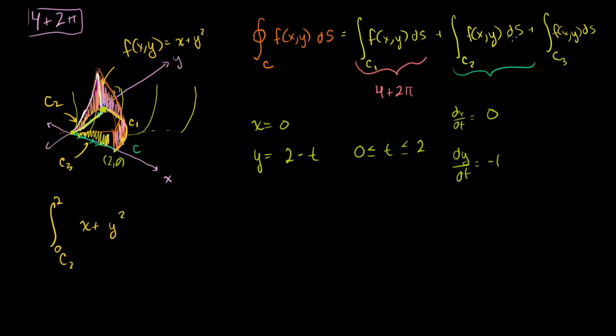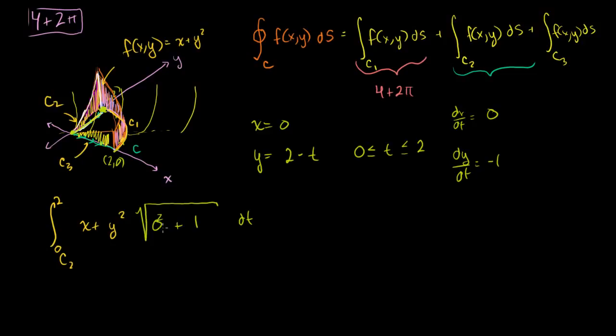And then times ds. And we know from the last several videos, ds can be rewritten as the square root of dx/dt squared, so 0 squared, plus dy/dt squared, so minus 1 squared is 1, all of that times dt.